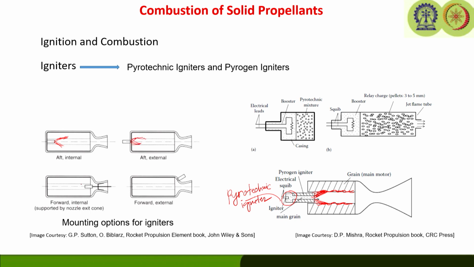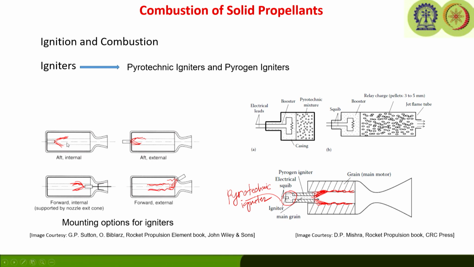Now, there may be forward mounting, which provides the plume here and heats up the propellant surface. This is also forward mounting. The gas will come and heat up the propellant surface. So, ultimately the propellant surface will decompose and it will initiate the combustion. Here also same thing, here also same thing.